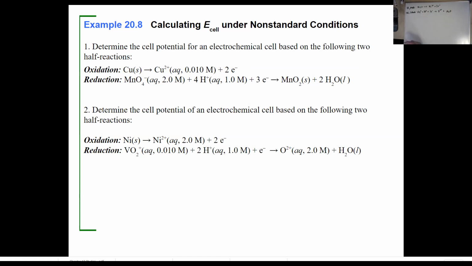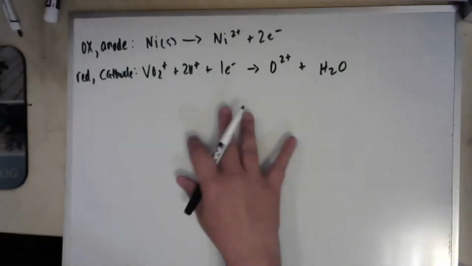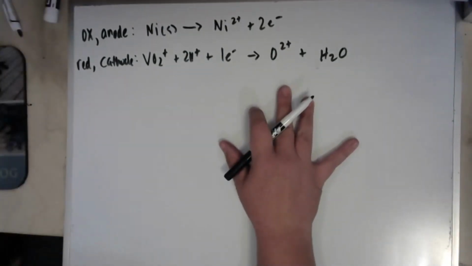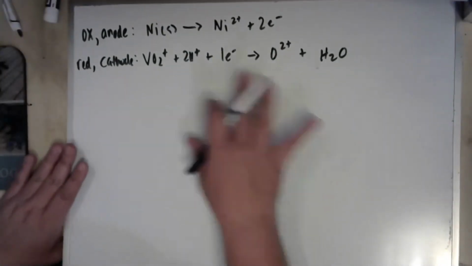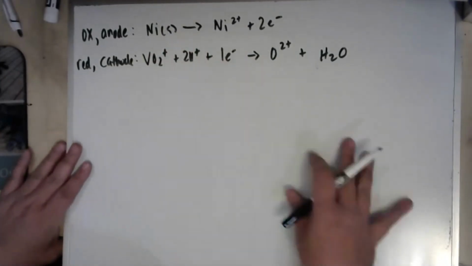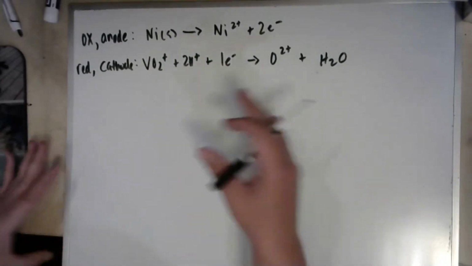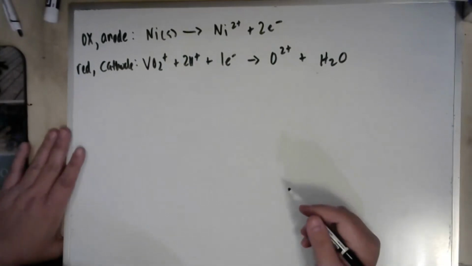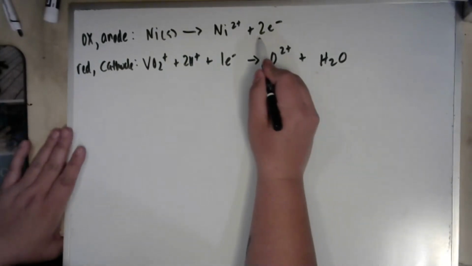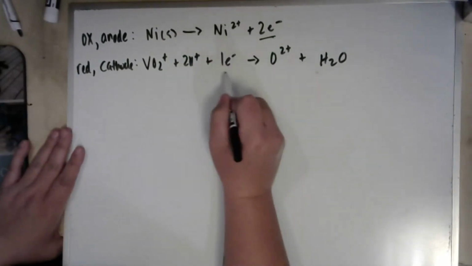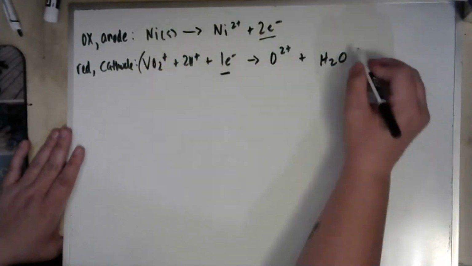Okay, and in this case, I'm going to write the concentrations of the different aqueous components after I balance out this reaction and figure out what my overall reaction is, because it just gets too mushed together otherwise. So I see that I have 2 electrons here and 1 electron here, so I'm going to multiply this reaction by 2.